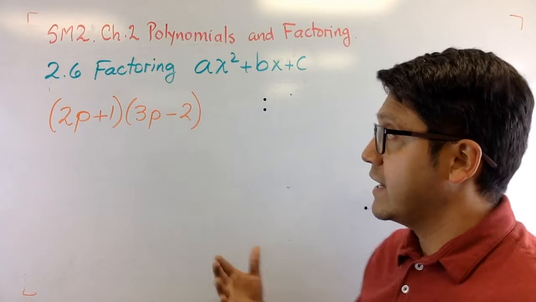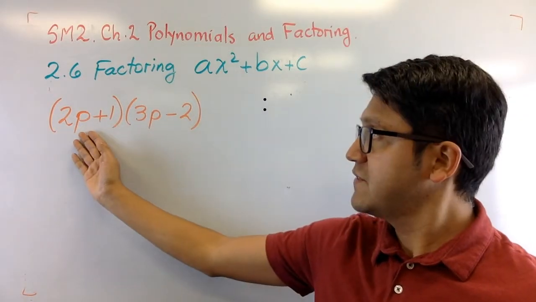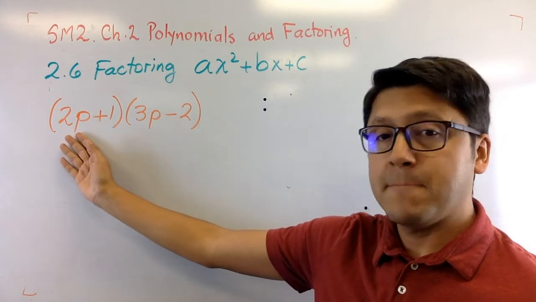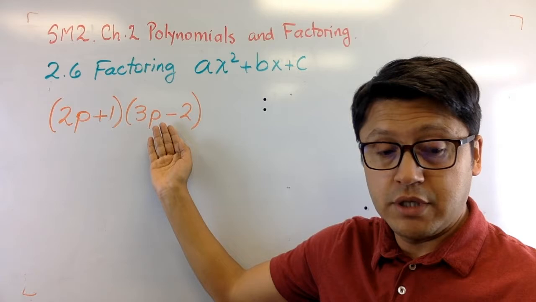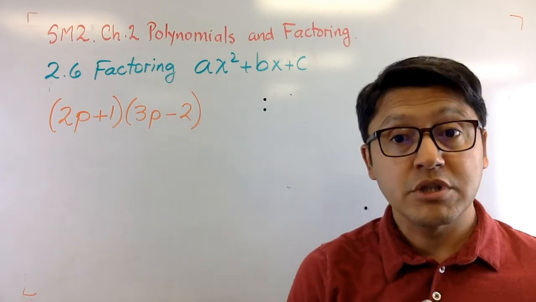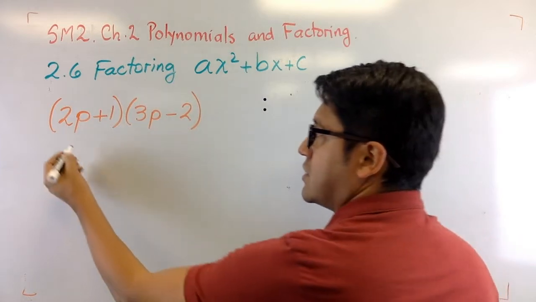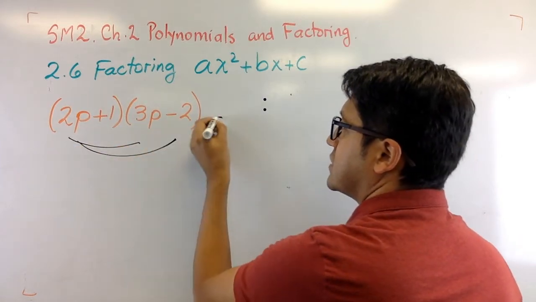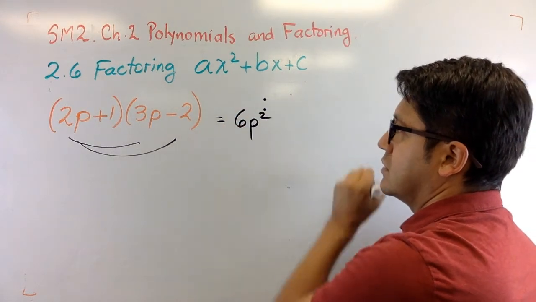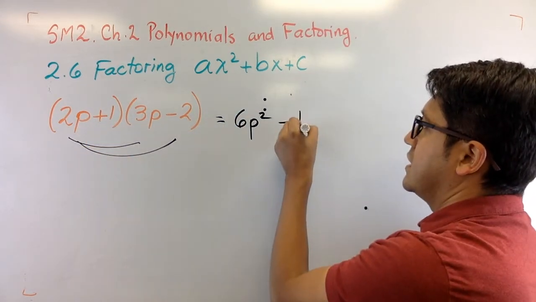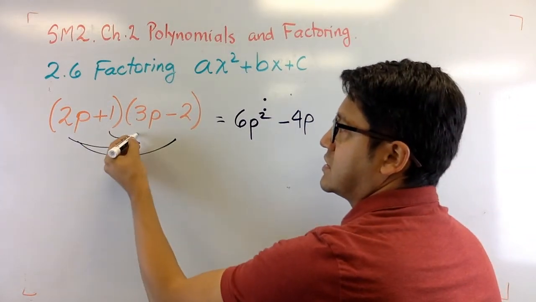Well, again, let's begin with two factors. We have this factor, 2p plus 1, and then it's multiplied by 3p minus 2. So let's proceed and do the multiplication. Again, as usual, and you're experts at this, you do this first. So it's 6p squared, and this is negative 4p. And now, this times this.